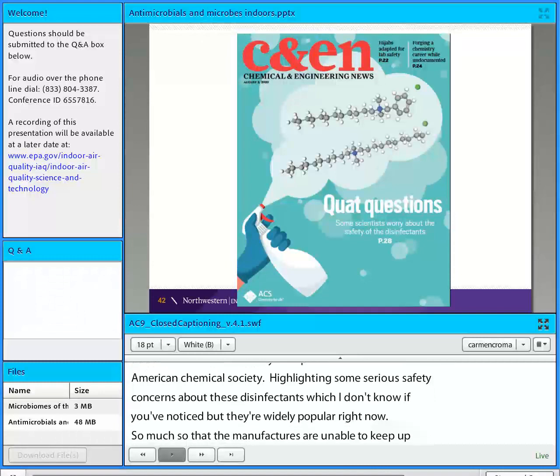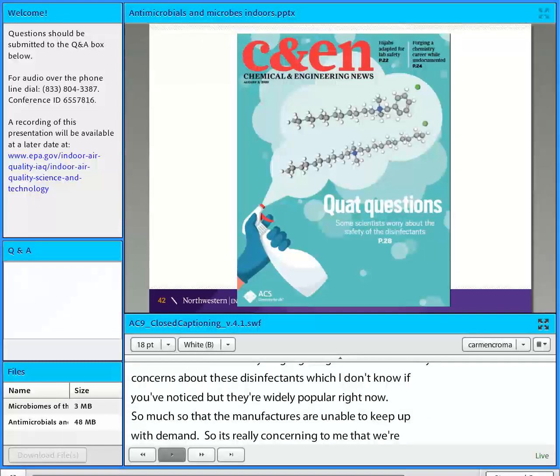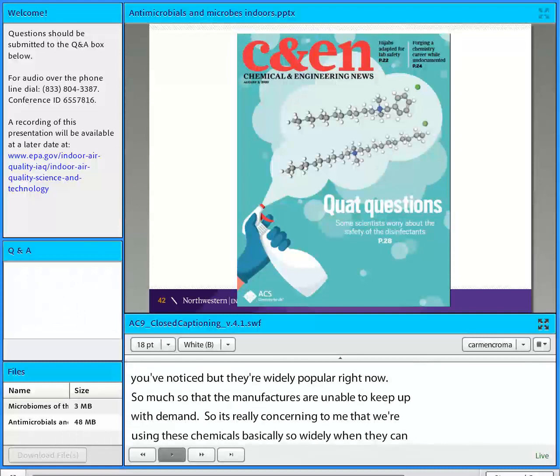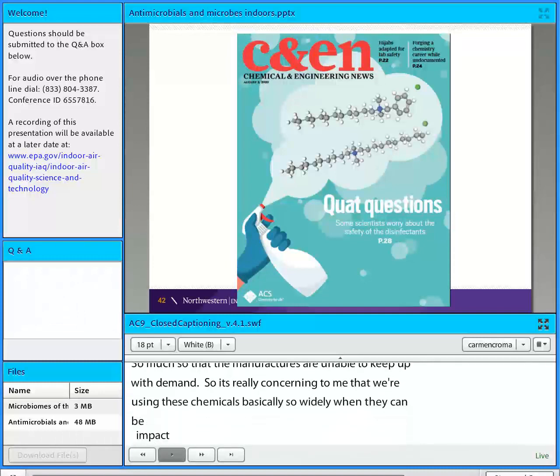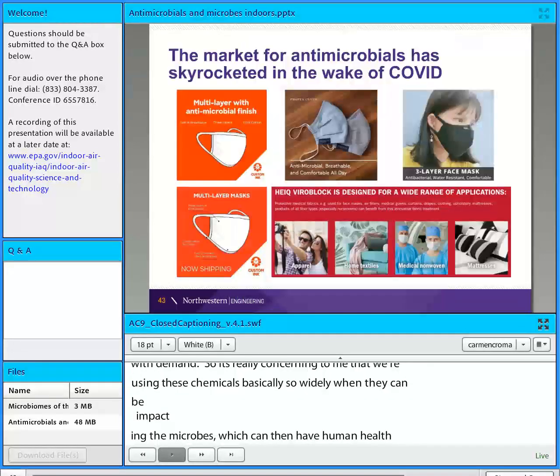So it's really concerning to me that we're using these chemicals so widely when they can be impacting the microbes, which can then have human health impacts, and also direct human health impacts on us.